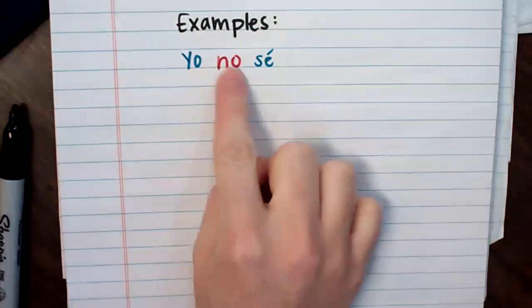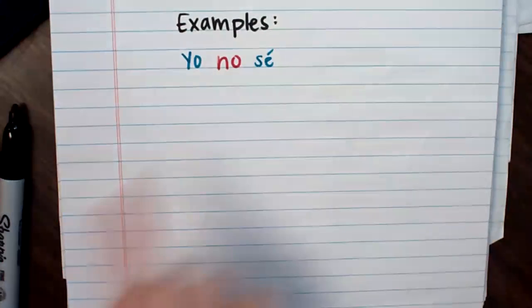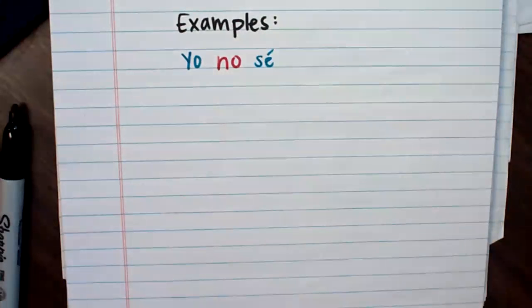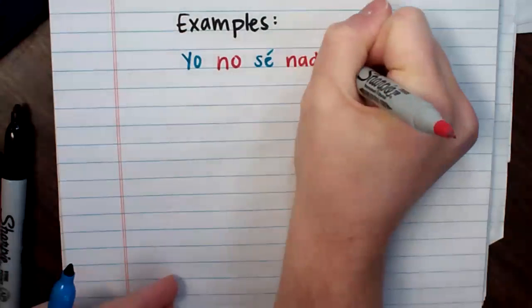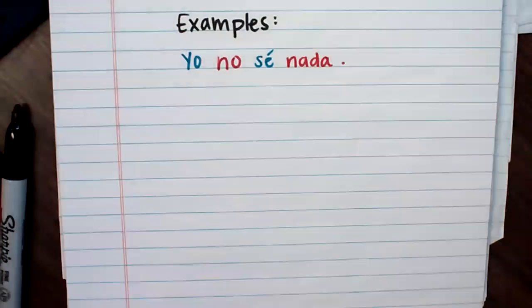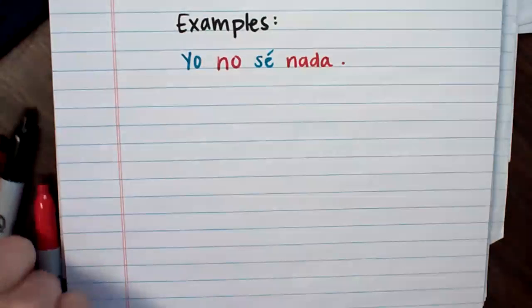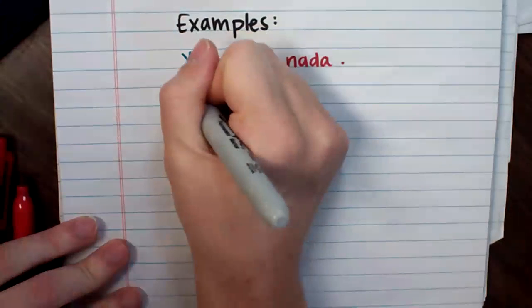So I could say yo no sé, which is I don't know, or no sé. But then if I want to be extra crazy, and I say yo no sé nada, that would be like I don't know anything.